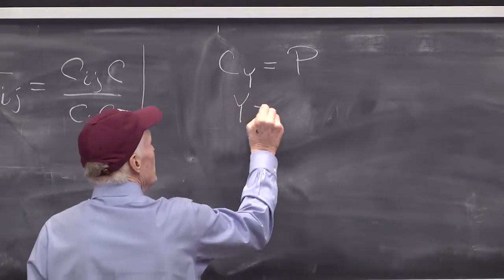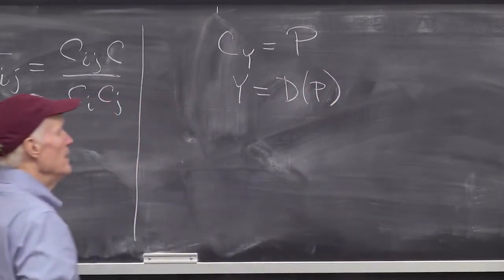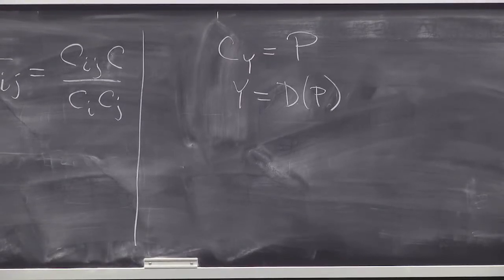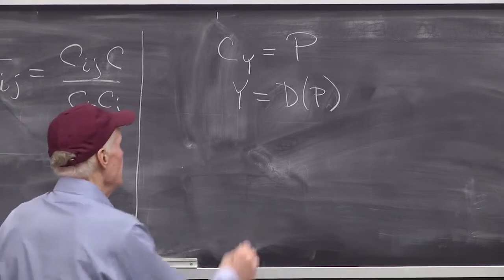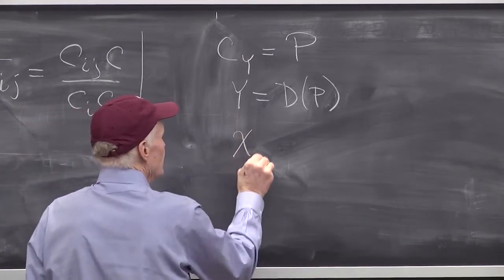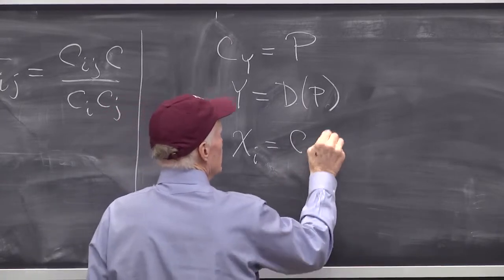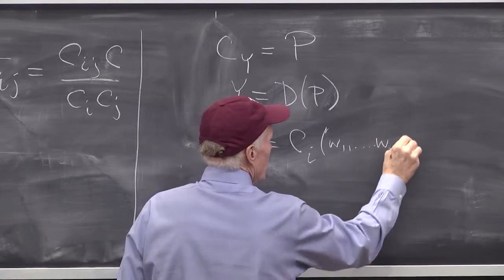Y equals demand of P. And my third equation is x_i equals C sub i of w_1 up to w_n and Y, right?